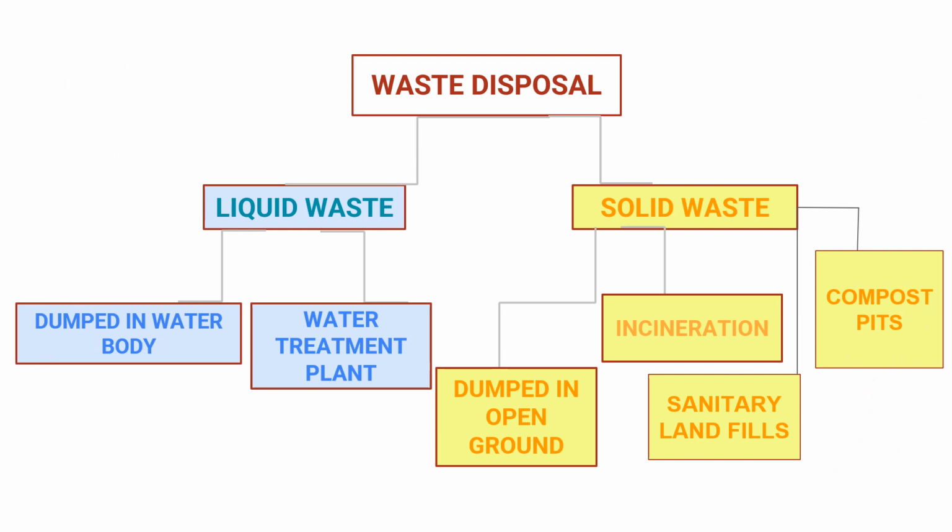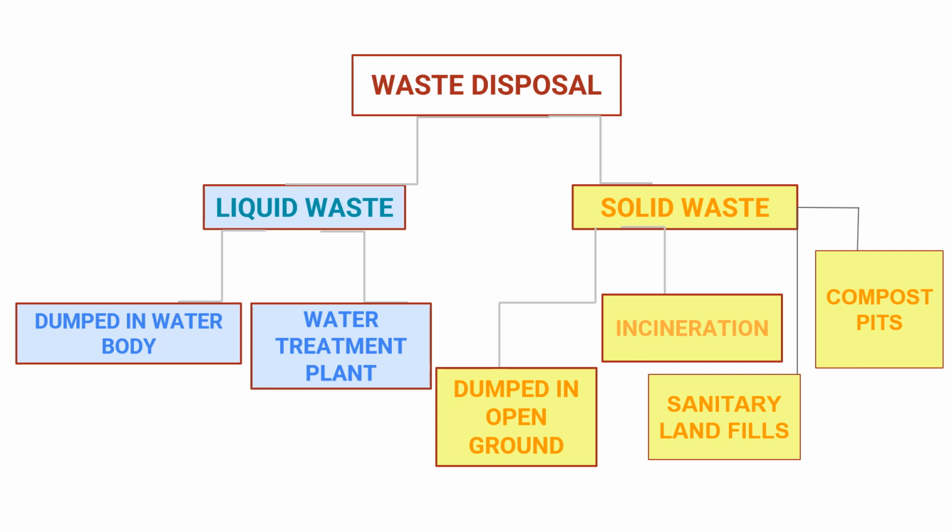Waste disposal can come under two categories, the liquid waste and the solid waste, as we've seen. Liquid waste can be got rid of by dumping it in a water body, or otherwise, preferably, the liquid waste can be treated in water plants and processed and made fine enough to be reused after processing.